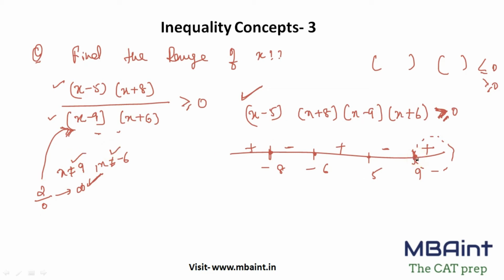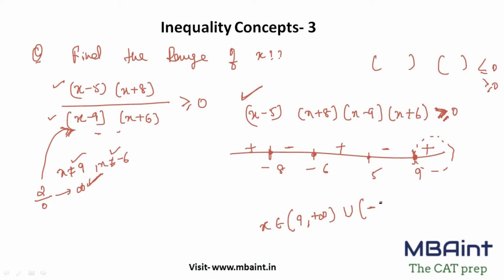So I see that here the value is x equal to 9 and greater than 9. So I'm not going to include 9 here. So here the answer should be x belongs to, 9 to positive infinity, not including 9. Now union, between these two, again I need to make sure that x should not be equal to minus 6.